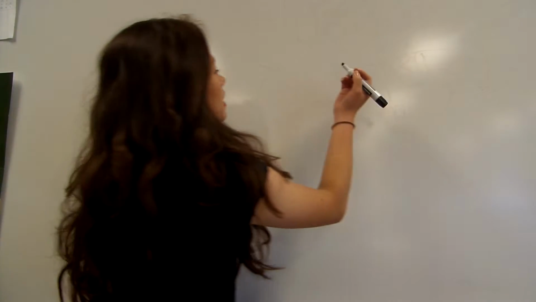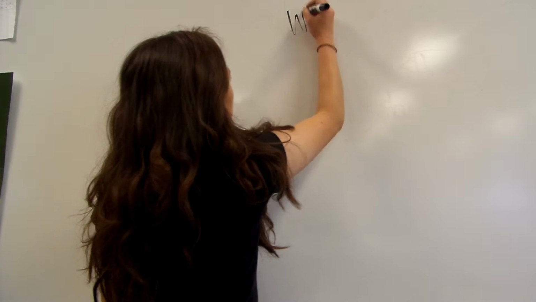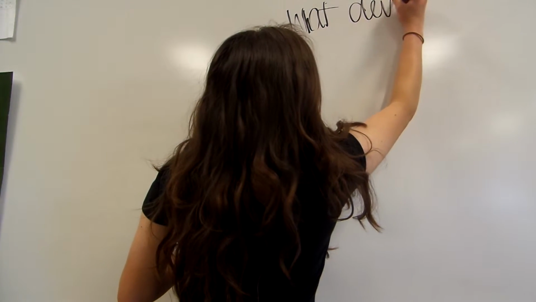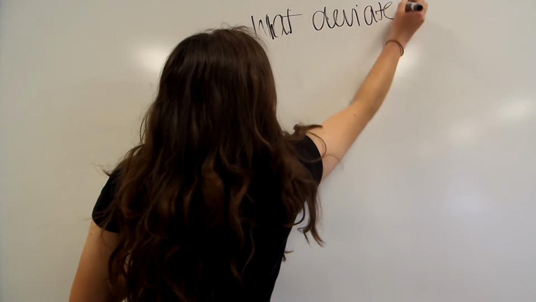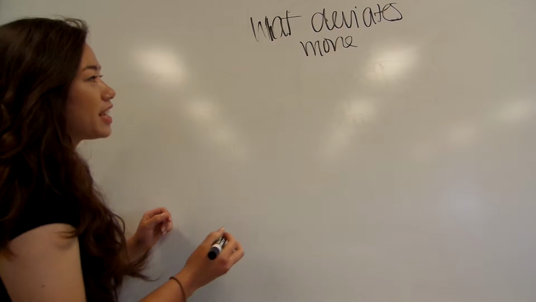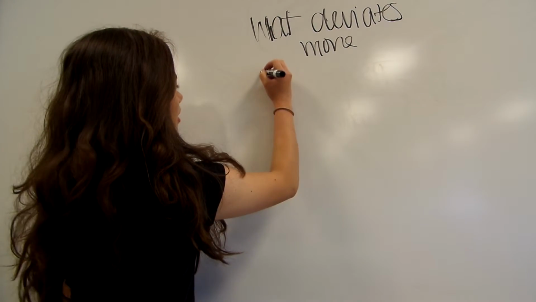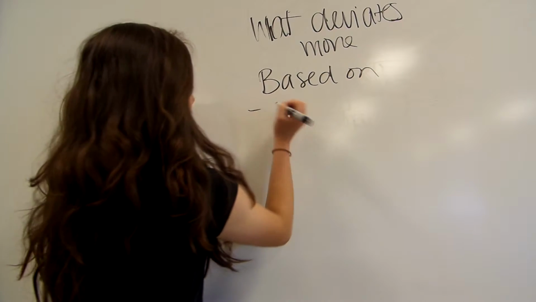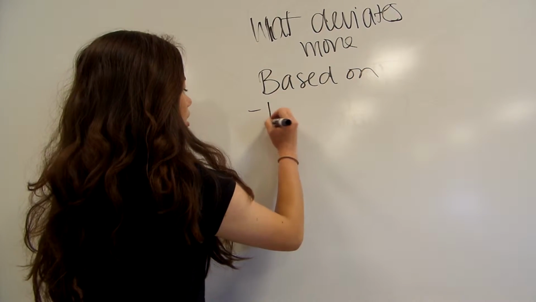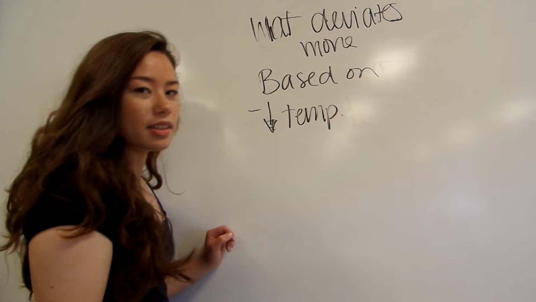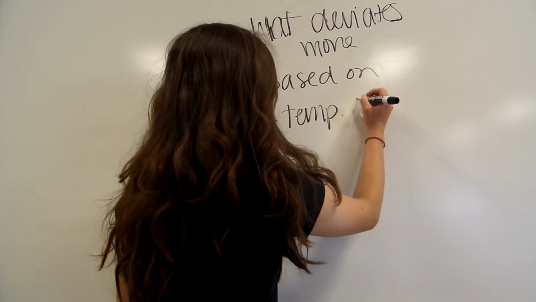So what we want to learn about the ideal gas law is what deviates more. Deviations in the ideal gas law are based on a lower temperature, because that means that there's less energy to break the IMFs.